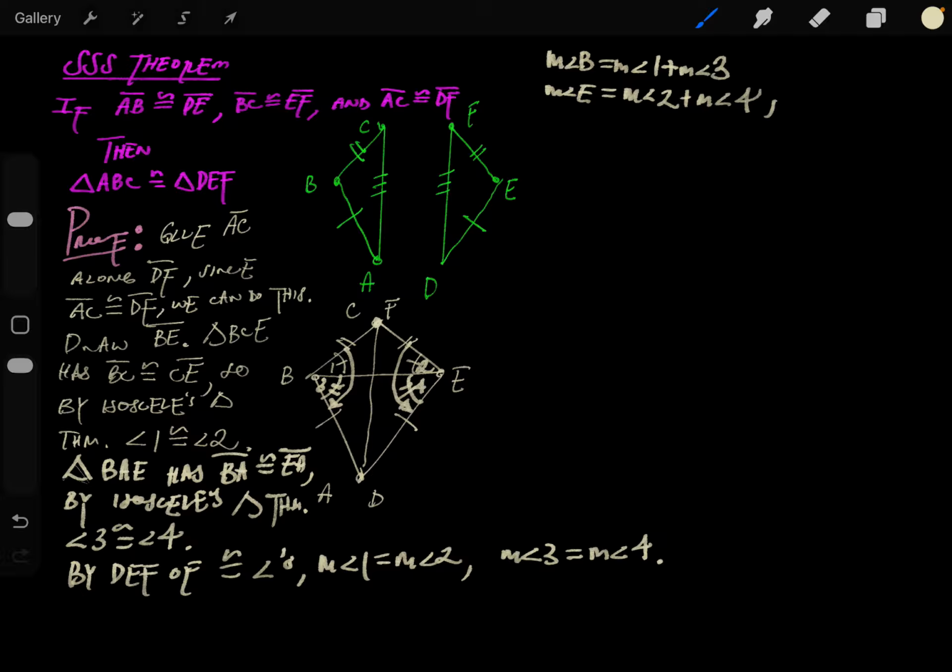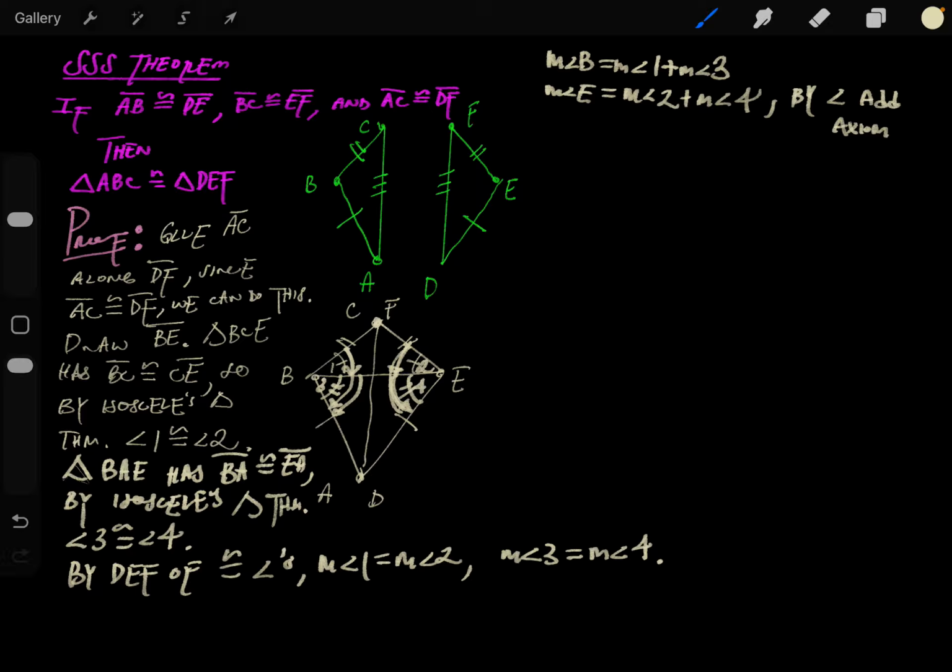And these both follow by the angle addition axiom. If two angles form one angle, then their sum is equal to the measure of the third. These two angles make up angle B, and these two make up angle E, so their sum must be the measure of B, and the sum of these two must be the measure of angle E.